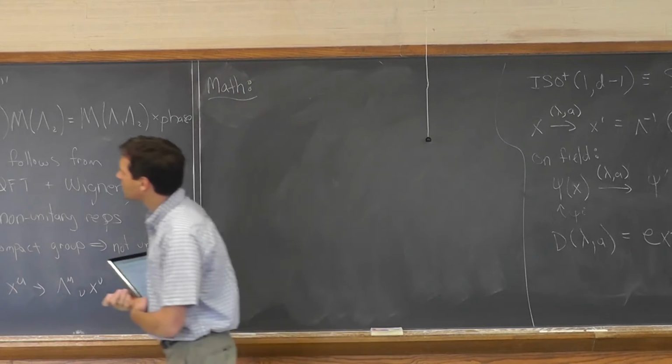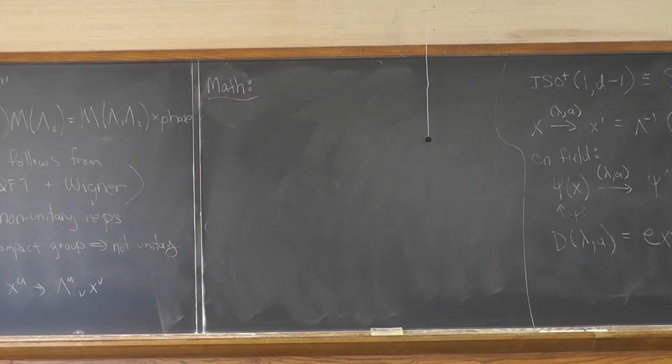Okay, so the physics postulate is that we should be thinking about fields which transform in these finite dimensional projective representations. Yeah, we're talking about real matrices, so it's restricted from the geometry. If it's a real matrix, does it satisfy lambda transpose lambda equals 1?